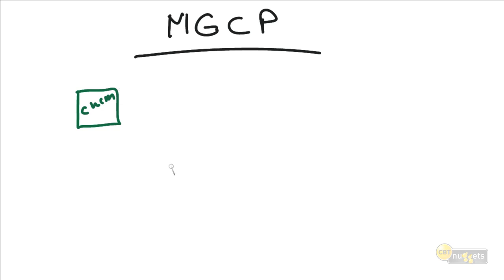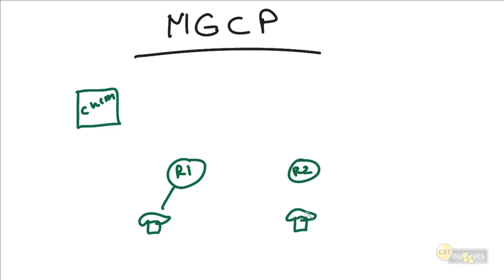Let's say we have this Media Gateway Control Protocol speaking router, R1, and then we have another MGCP speaking router, R2. These devices have voice over IP phones that connect to them that can speak the Media Gateway Control Protocol language of love as well. So sure enough, all these devices are connected together.